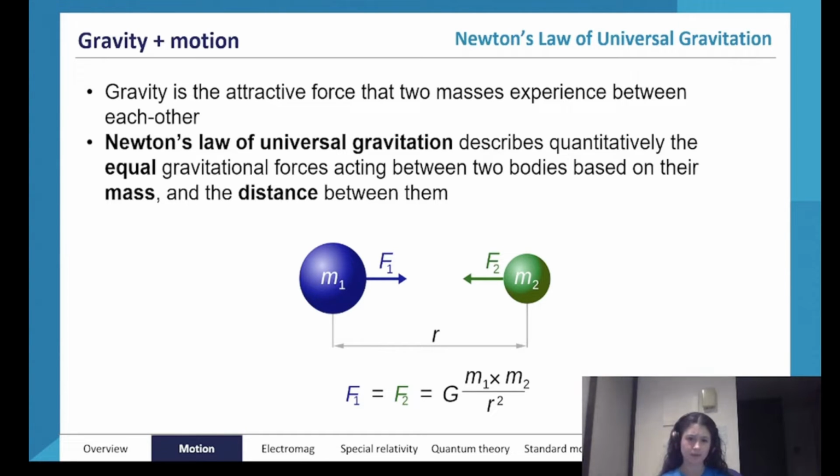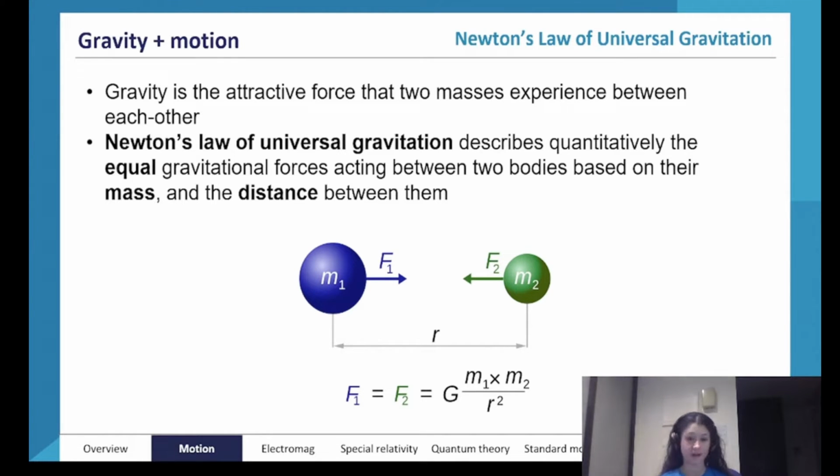But the reason that the force exerted by both bodies is going to be the same regardless of their mass is because, remember one of Newton's laws, every force has an equal and opposite force, or every action has an equal and opposite reaction. So what this means is that the forces exerted by the two masses are going to have the same magnitude.